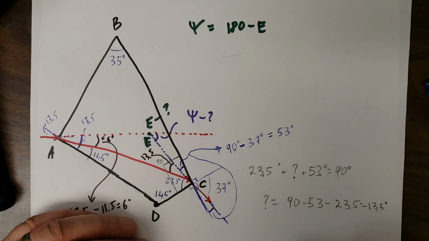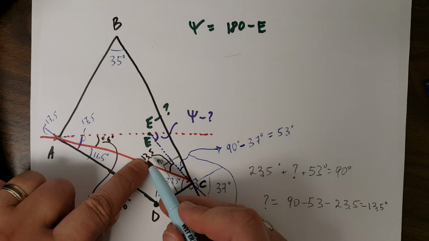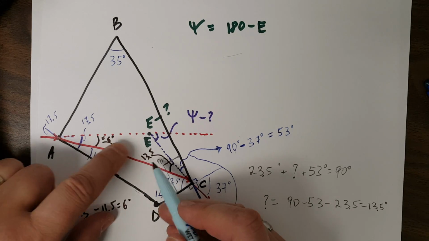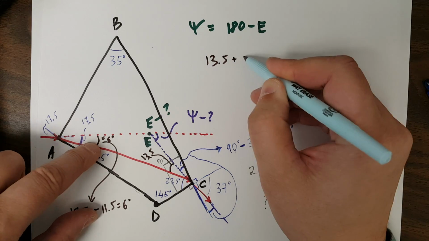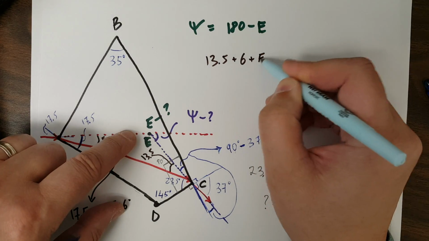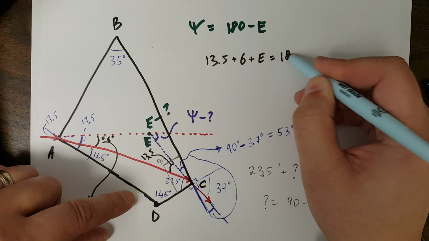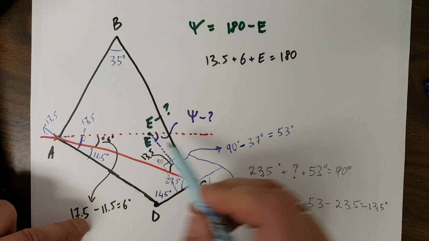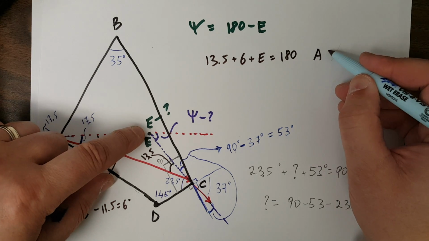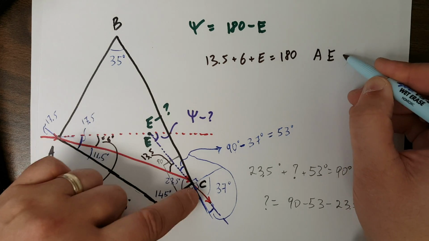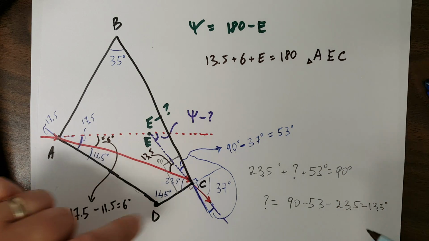Well, 13.5 plus 6 plus E should be equal to 180 because of the rule which applies to the AEC triangle.